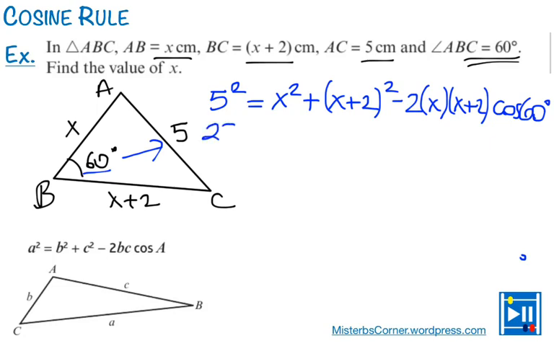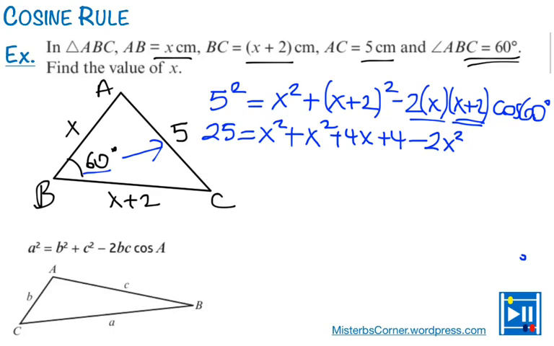Because it's going to be 25 equals x squared plus, if you expand x plus 2 squared, you're going to have x squared plus 4x plus 4 minus, now I multiply x plus 2 with 2x, so it's going to be 2x squared minus 4x, and cosine 60 is 1 over 2 if you check with your calculator.